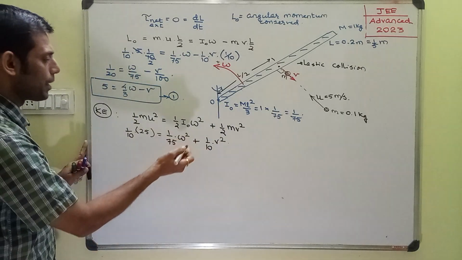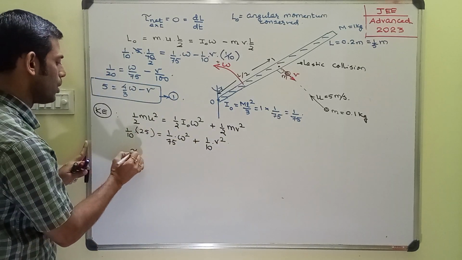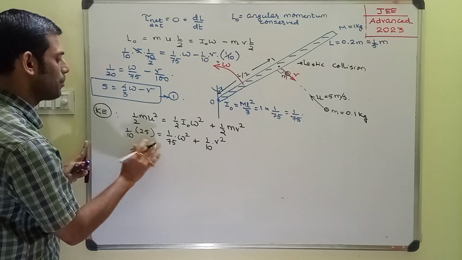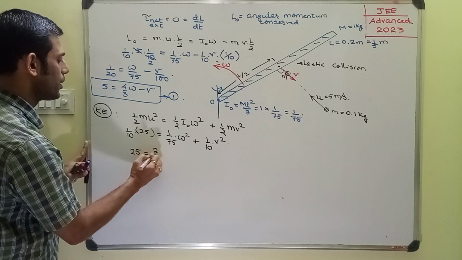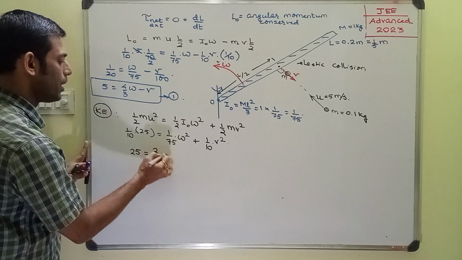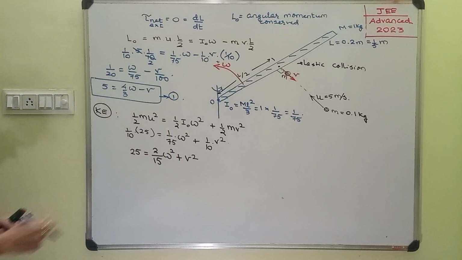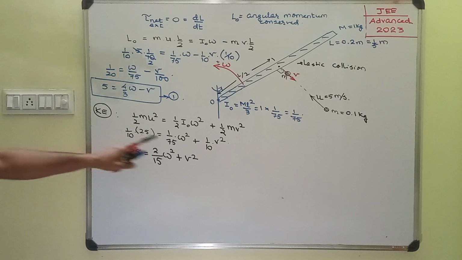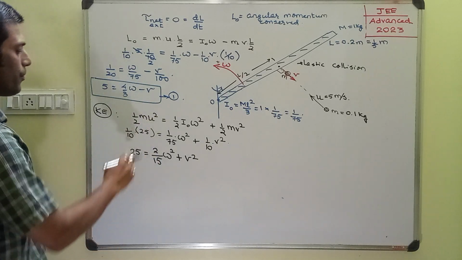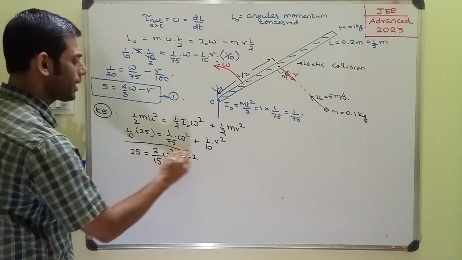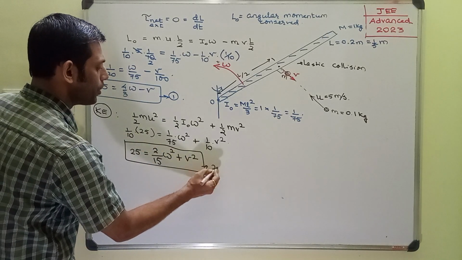Now let's multiply by 10 all throughout. So 25 is equal to 10 by 75, that is 2 by 15, omega square plus v square. I multiplied by 10 all throughout, so that makes it 25 and v square. This side 10 by 75, dividing by 5, is 2 by 15. So this is the second equation that we got from this situation.